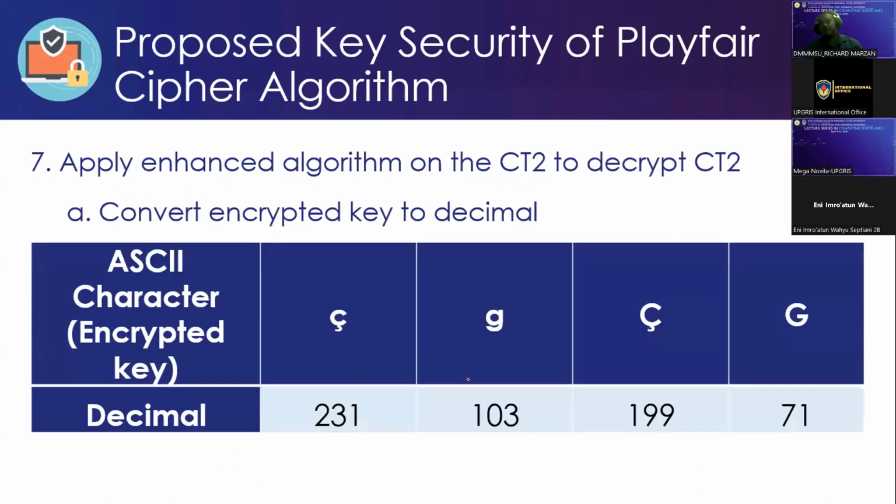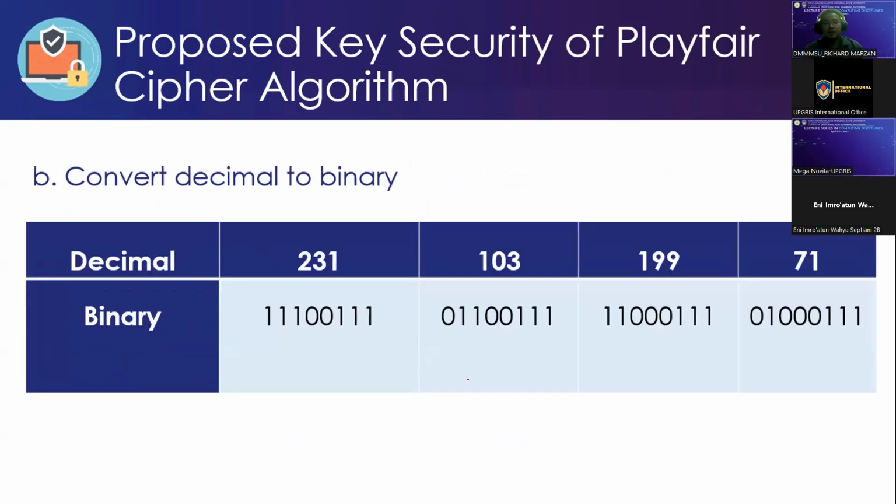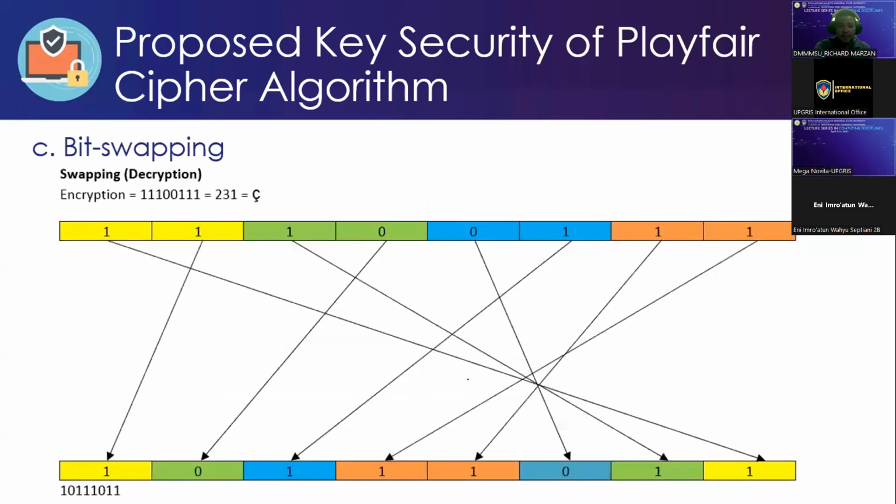For the receiver, it is only the opposite. First, we have again to convert the ciphertext to decimal numbers. Then after that, we will convert that into binary. Then we will swap again the bits, the binary bits are converted.